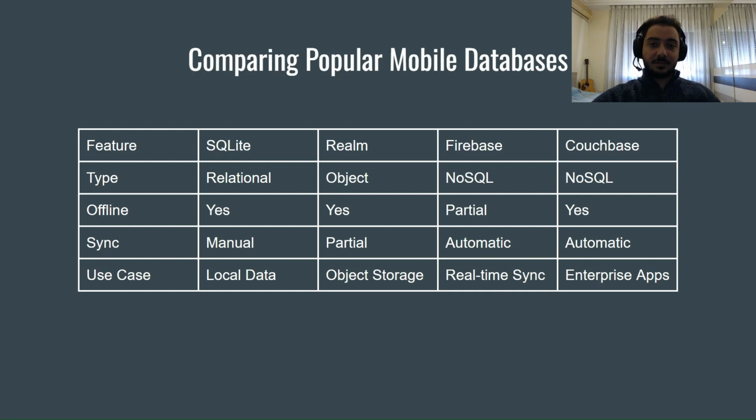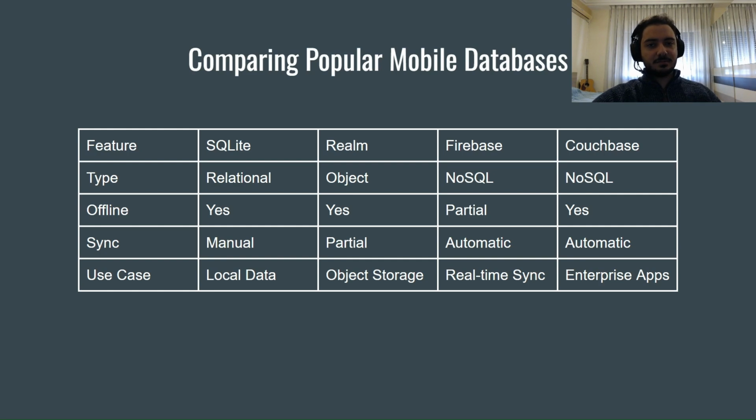For example, SQLite is a relational database, and it's great for storing structured local data. Realm focuses on object-oriented storage, while Firebase excels in real-time syncing. And Couchbase is ideal for large-scale enterprise applications.